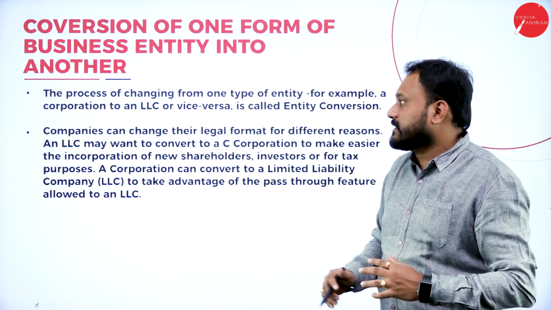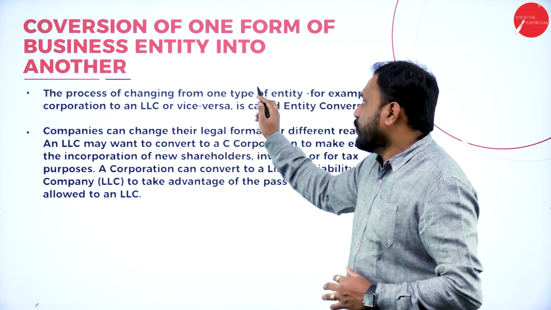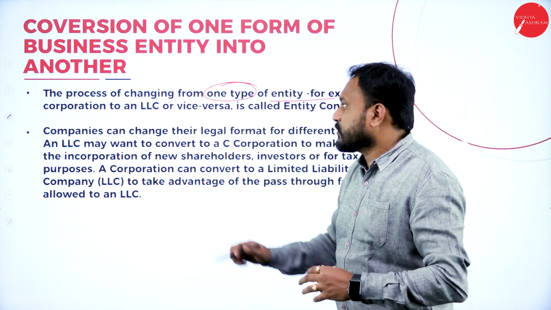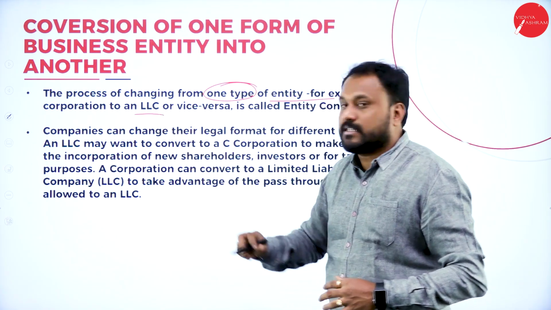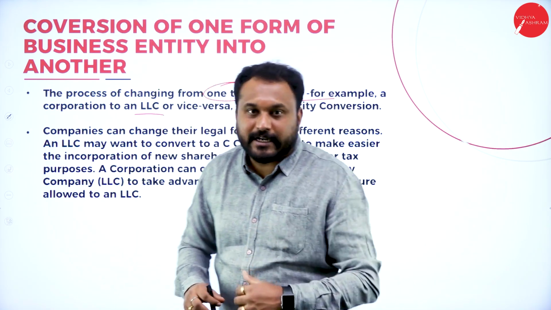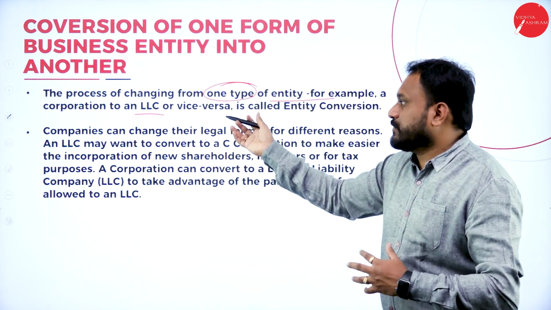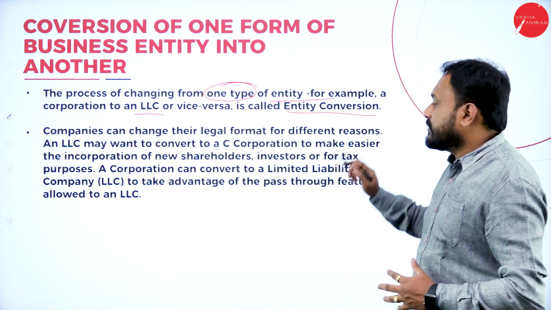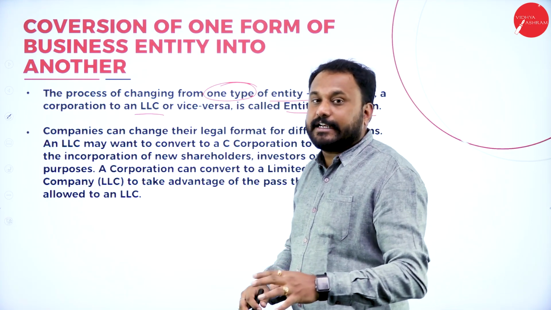So the first one here is the process of changing from one type of entity, for example a corporation, to an LLC, that is a limited liability company, or vice versa, it can be a different one. It is called entity conversion. What is that called? It is called entity conversion.